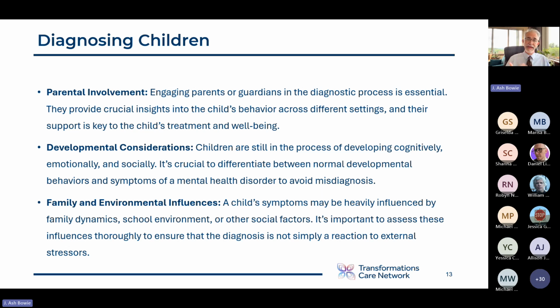So you need to be able to engage with parents or their guardians, and it can be extra tricky because now you're going on a secondhand report. You're not getting the kid's firsthand report of what they're going through, but what a parent is seeing and their own interpretation of behavior and mood and psychological functioning.